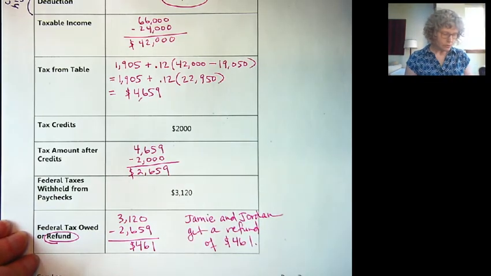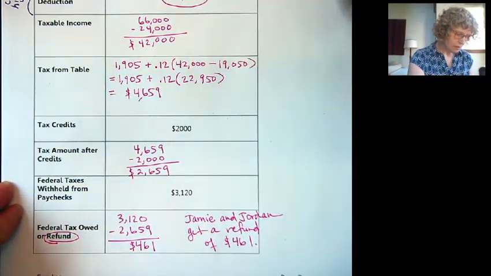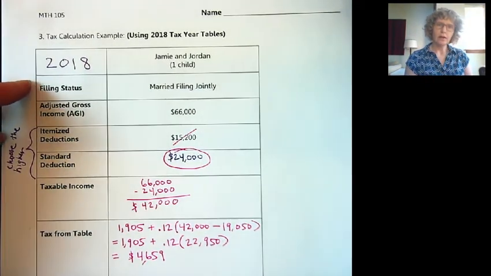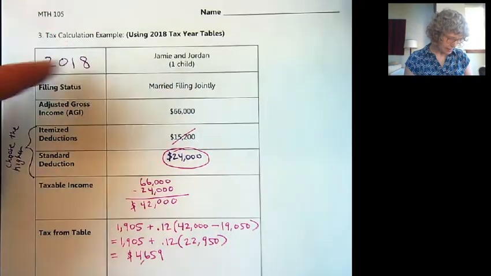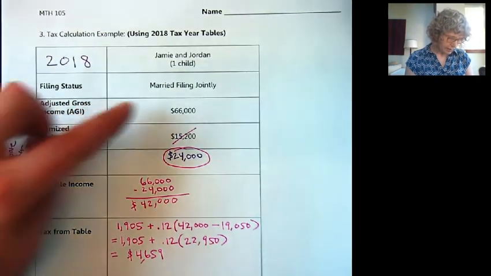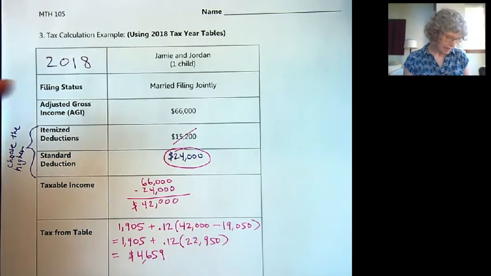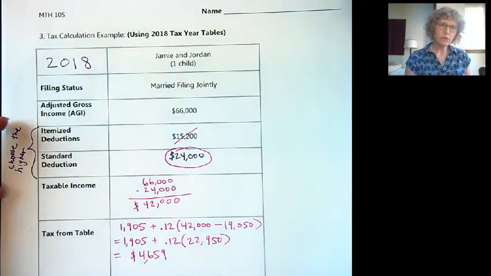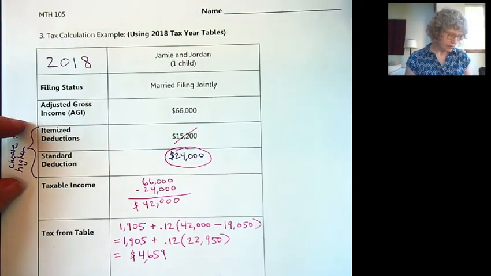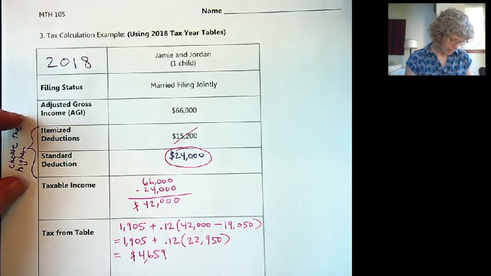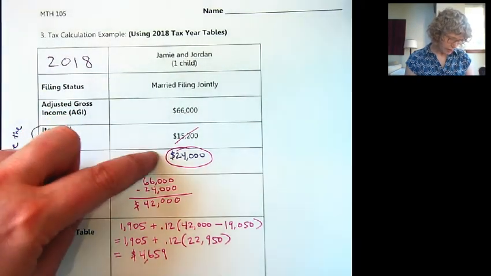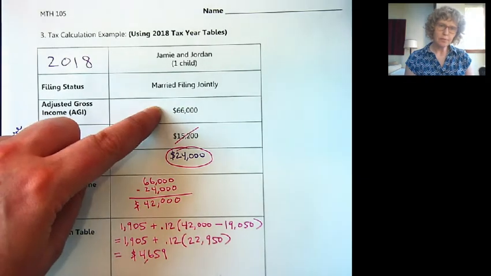Okay, so just to give a review of the whole process real quickly. We have to look at the filing status and calculate their AGI, or it might be given to us with the pre-tax stuff already taken out. Then we choose the higher of the itemized deductions and the standard deduction. So whichever one's higher, we're going to use that and subtract it from the AGI.